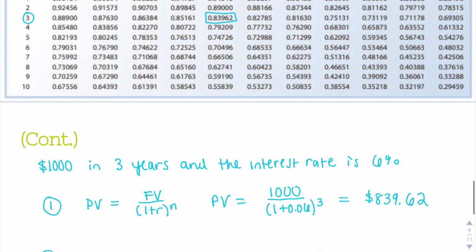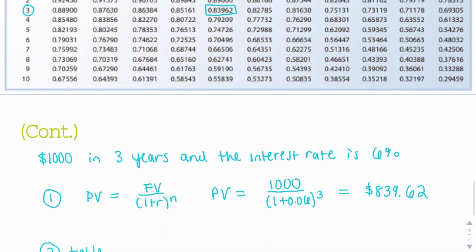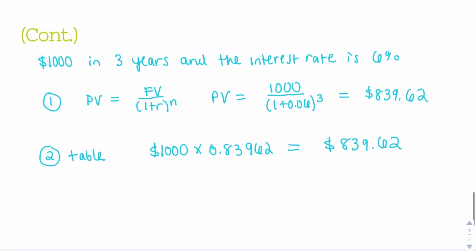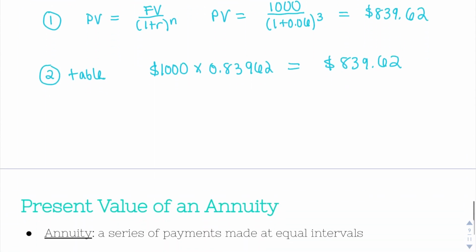And then all we are going to do is multiply the future value to be received, so $1,000, times that discount factor, so times 0.83962, and we get the same value we got before, so $839.62. So both of those get you the same present value. You can use either one. And that's present value of a single payment.